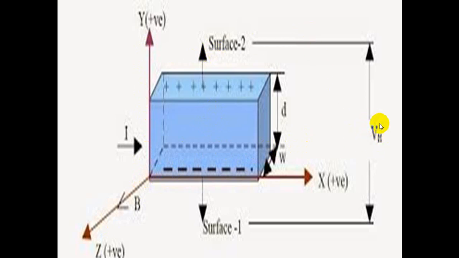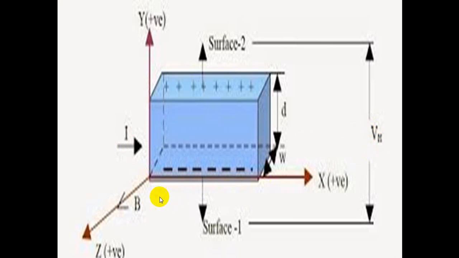That voltage is measured using voltmeter, and this output voltage always depends upon amount of current and magnetic field density. If B value changes, the output voltage also changes. So with respect to B value, the output voltage also changes.